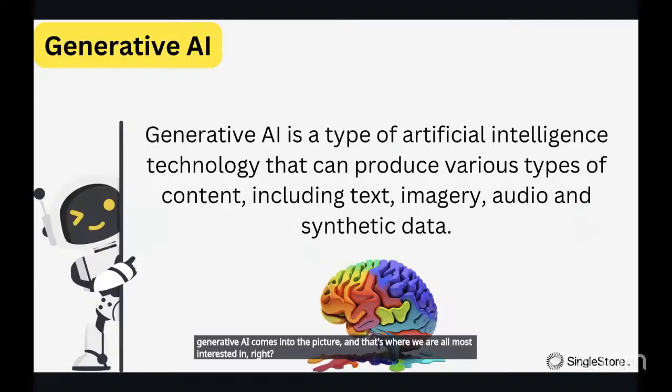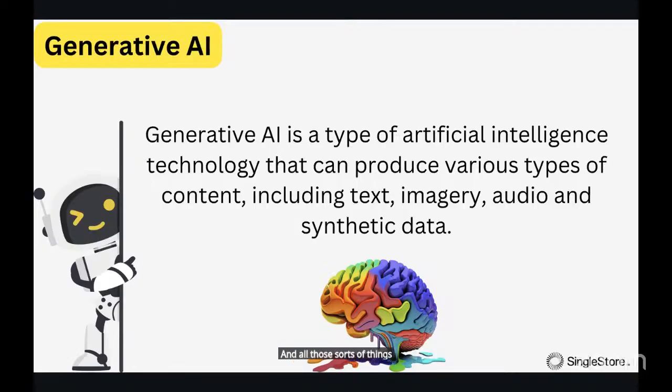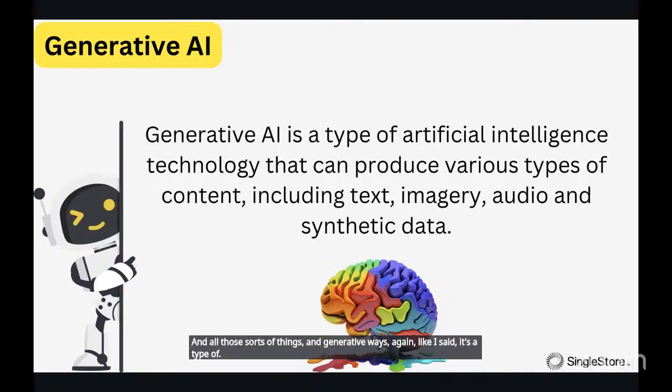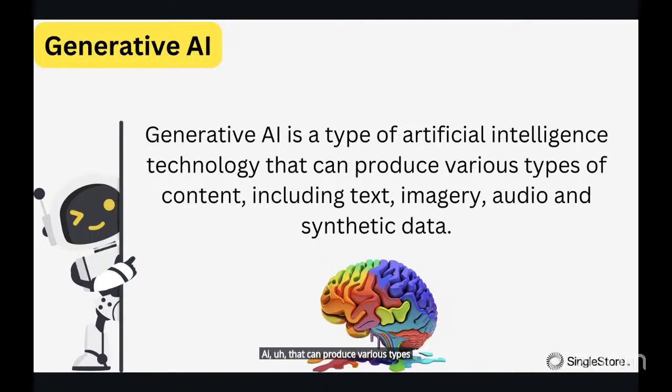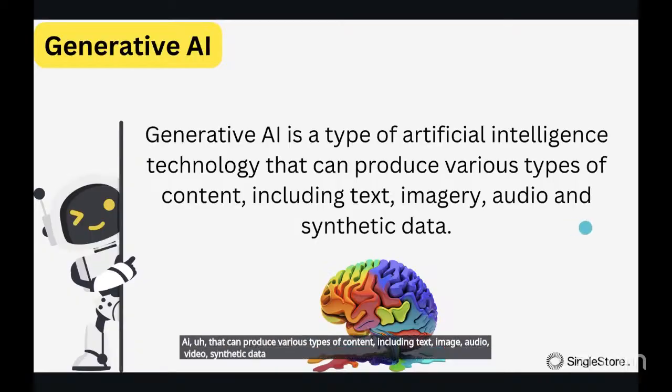So what exactly is generative AI? It's a type of artificial intelligence that can produce various types of content, right? Why we use ChatGPT? Now it produces text, image, and all those sorts of things. And generative AI is, again, like I said, a type of AI that can produce various types of content, including text, image, audio, video, synthetic data, and anything.